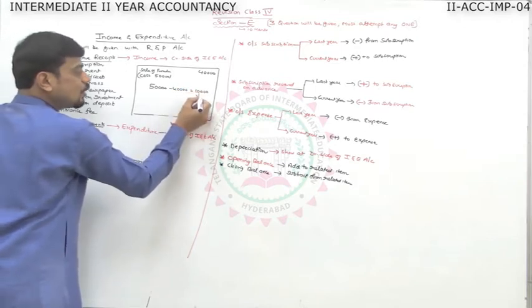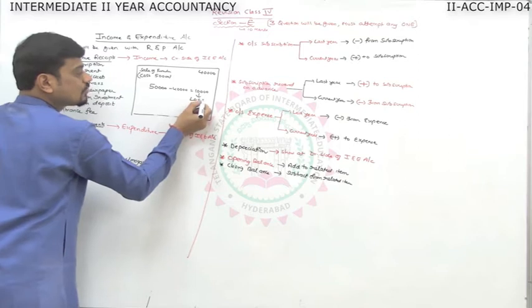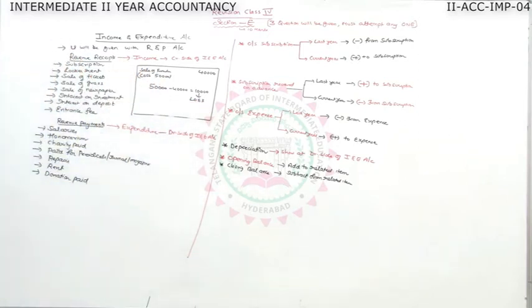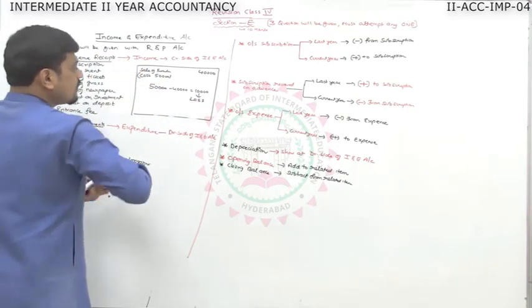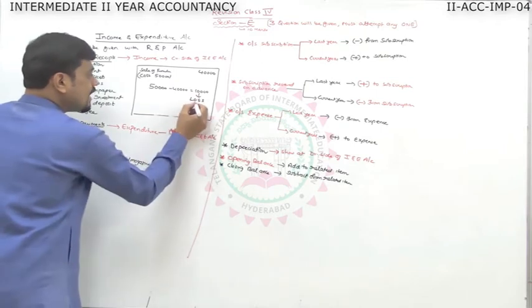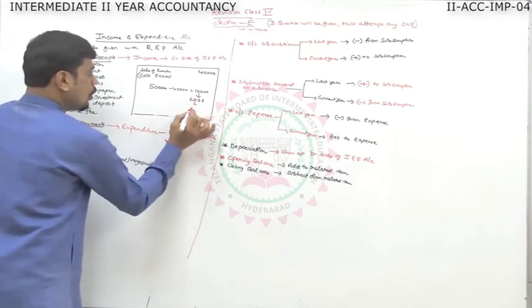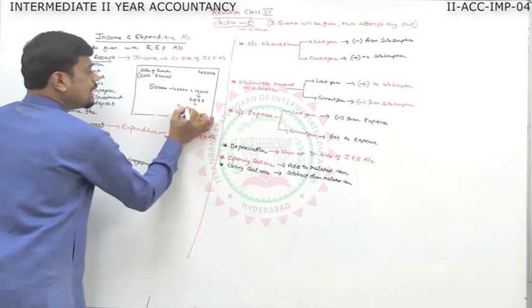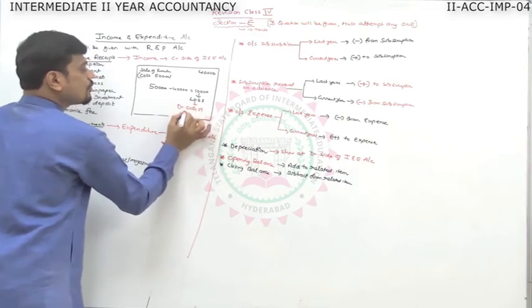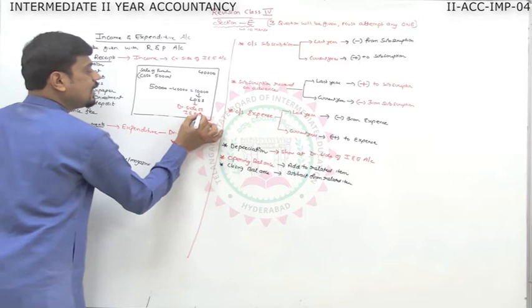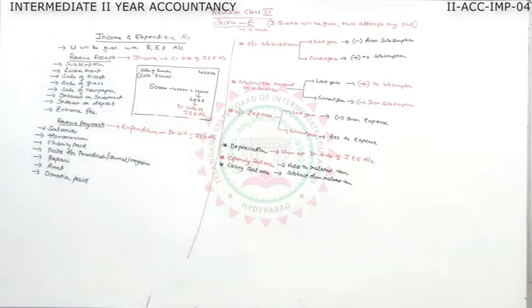This 10,000 is a loss. And this loss we are going to show on the debit side of the income and expenditure account. Please try to understand.